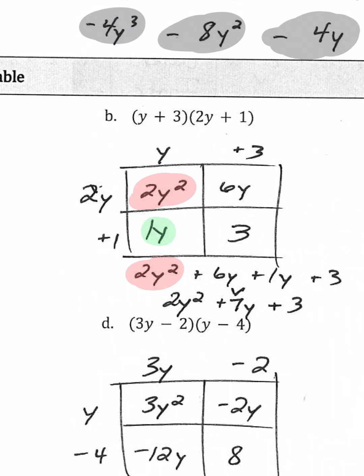Y times 1 is 1y. 3 times 2y is 6y. And 3 times 1 is 3. As you can see, the 2y squared and the 3 don't get combined with anything else, but 6y and 1y combine to make 7y.